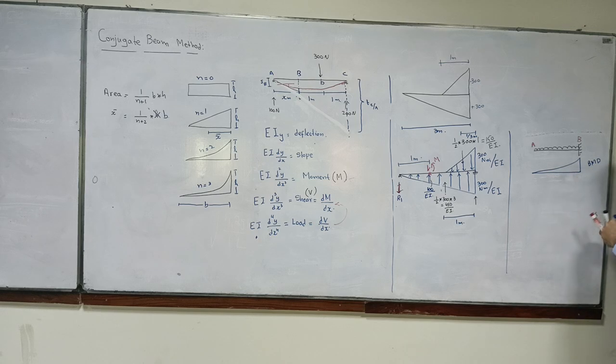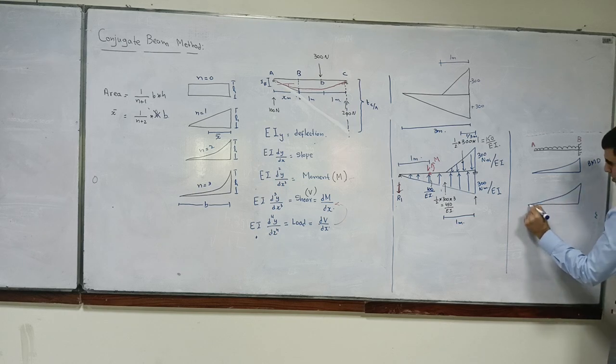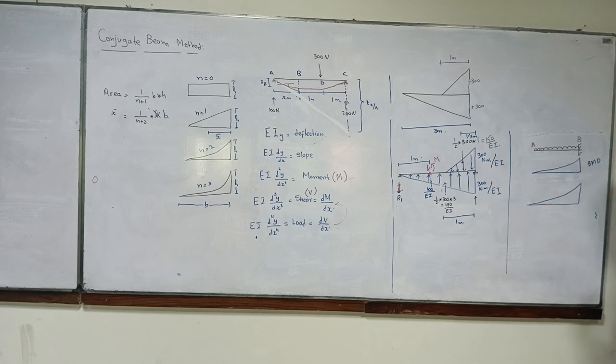Now I take the same beam and load it by this bending moment diagram. At B, I've got a fixed end.